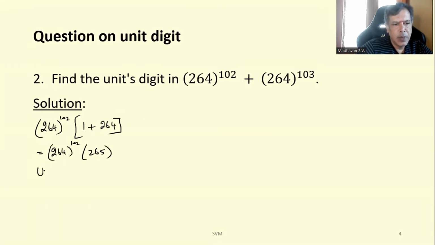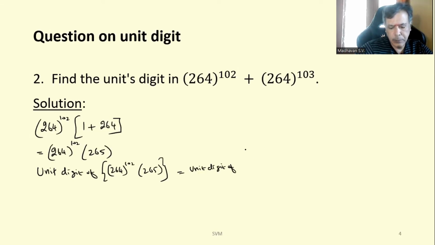Now, the units digit of this one, 264 to the power of 102 times 265, will be the same as the units digit of 4 power 102 times 5.